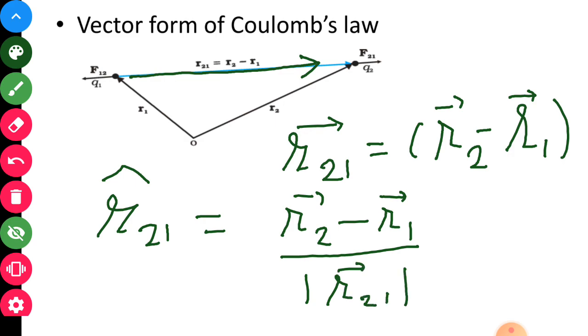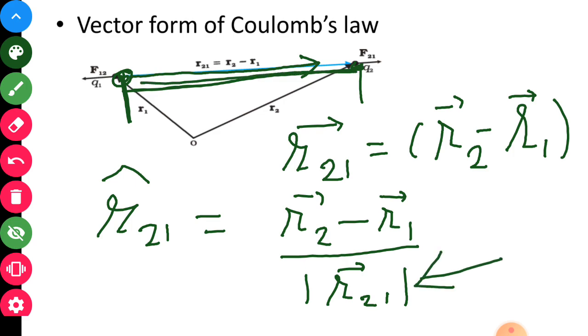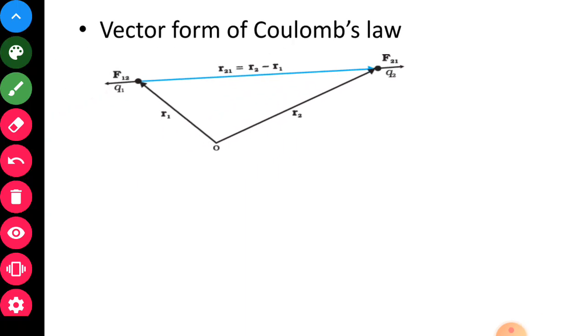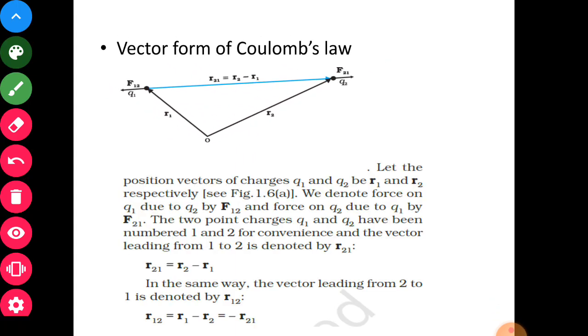Now magnitude of R21 means the distance between these two charges, Q1 and Q2, or the length of this particular line. This length is measured, and that is nothing but the magnitude of vector R21. Now this part is explained over here.